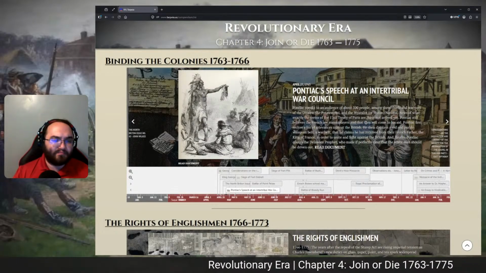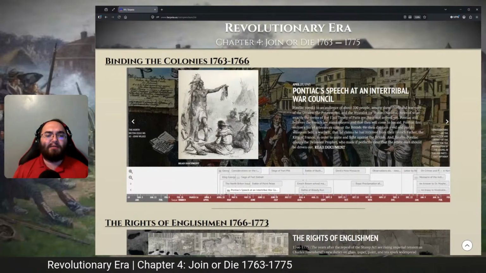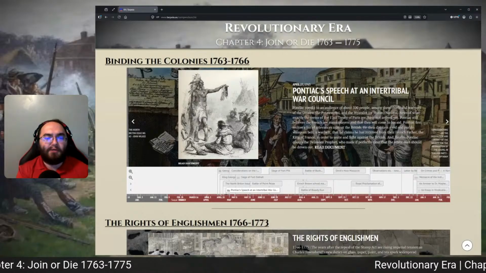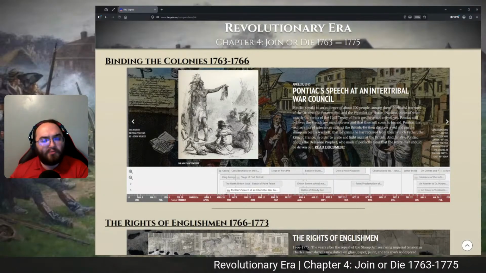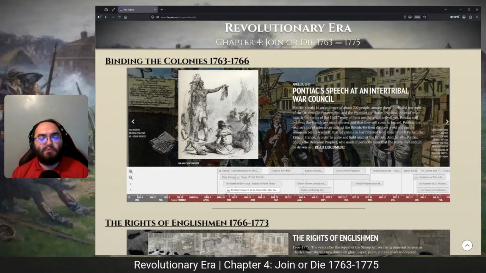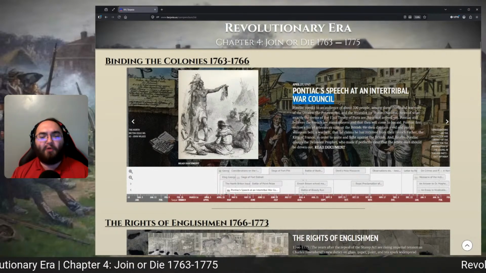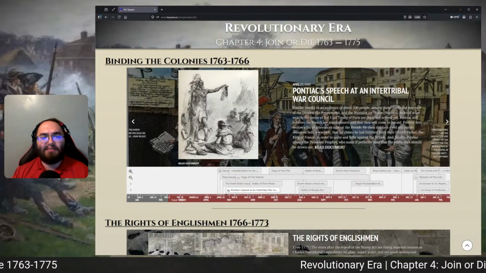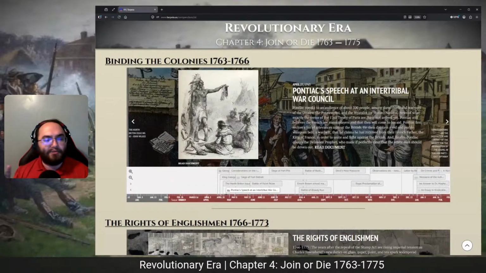It's not really his own rebellion. He's not like the king of Native Americans. He's just leading a coalition of French allied native tribes to continue the fighting from the French and Indian War into the post-French and Indian War. And so there's other coalitions of Native Americans because Pontiac isn't popular everywhere, and they will have competing interests.